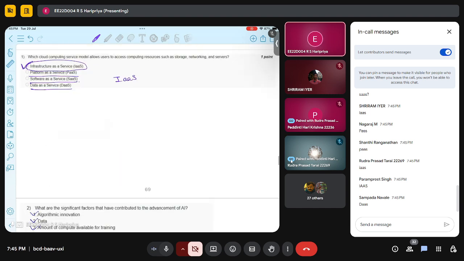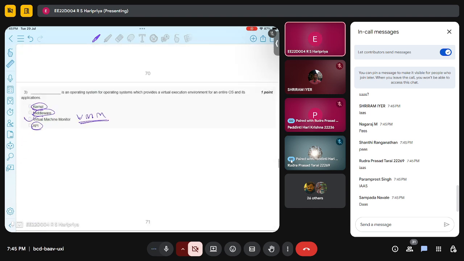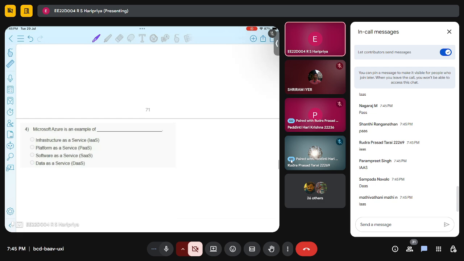Yes, correct. Why? Because Microsoft Azure provides virtual machines, that is storage, networking, and computing resources. So it should be in the infrastructure as a service.